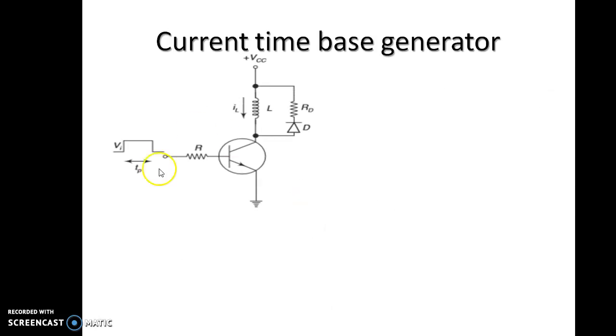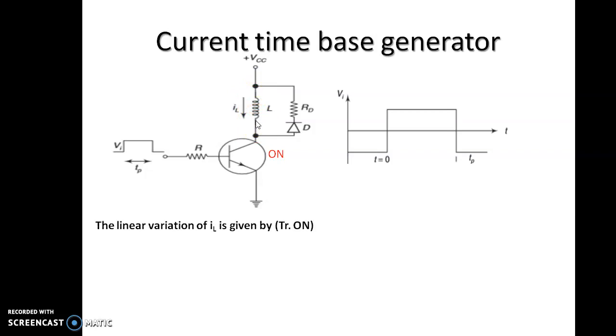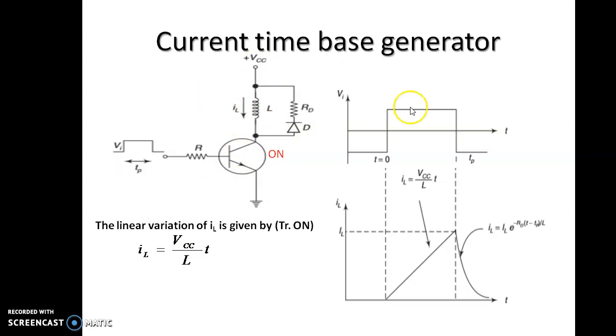When an input gating pulse, that is this portion, of duration Tp and voltage Vi is applied to this circuit, then the transistor will turn on and the current IL through the coil of inductance increases linearly with time. The linear variation of IL is given by IL equal to VCC divided by L into T. That is, for this duration of the input pulse, we obtain this variation. What is this?